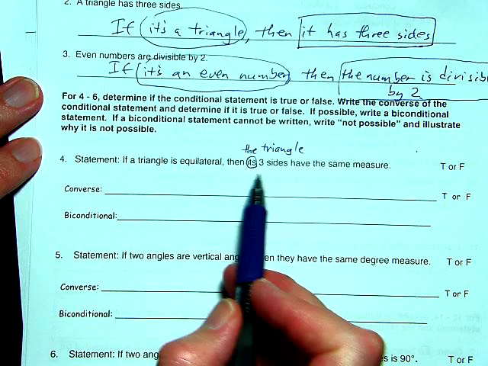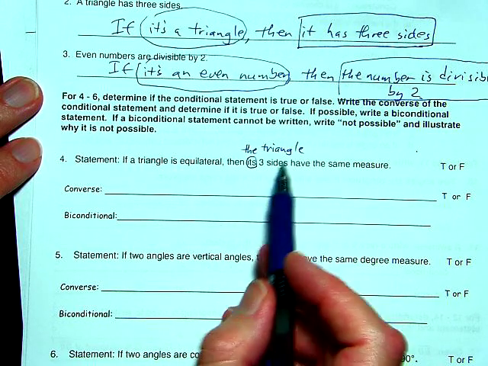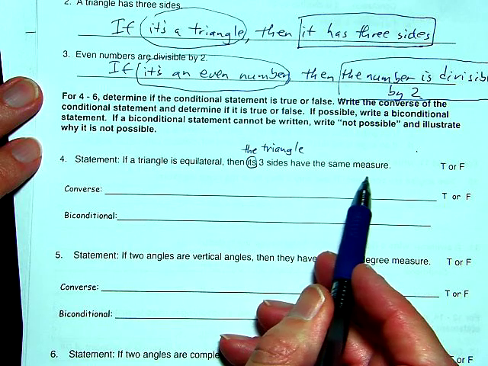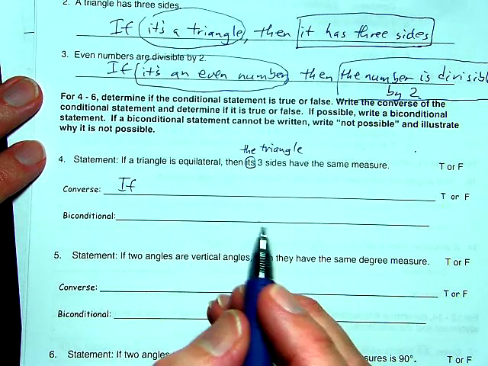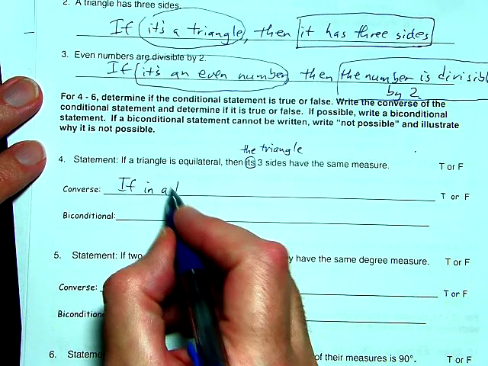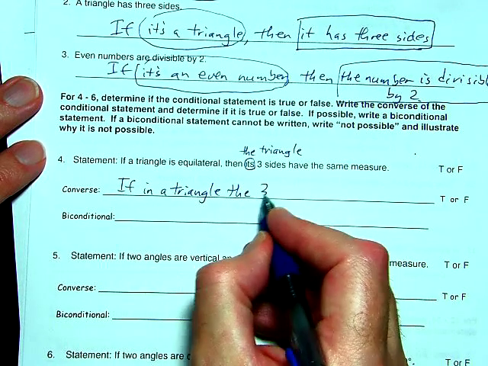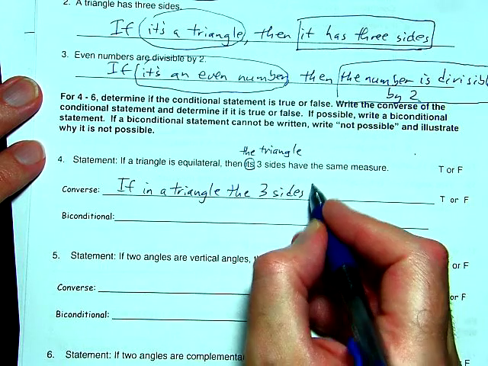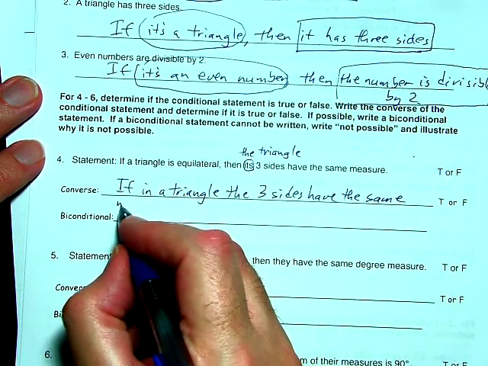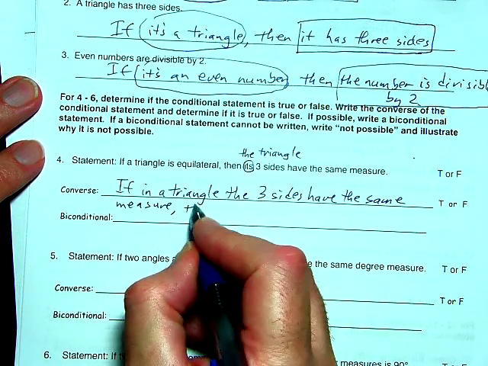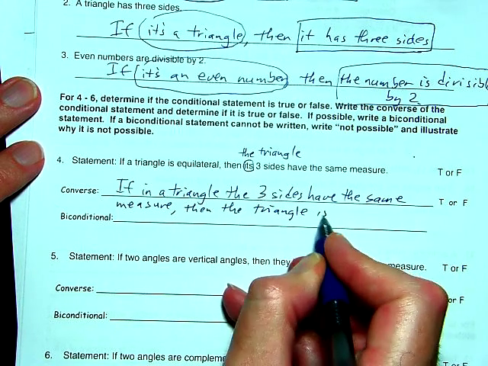So if in a triangle the 3 sides have the same measure, then the triangle is equilateral. So let's write that. If in a triangle the 3 sides have the same measure, then the triangle is equilateral.